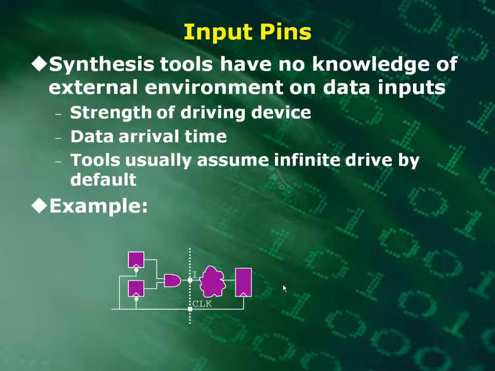Another thing that you're going to have to specify, since the tool can calculate from flip-flop to flip-flop using the same clock, then we run into the case where, okay, inputs. What about inputs? So the synthesis tools have no knowledge of the external environment on the data inputs. Okay, they don't know things like maybe the strength of the driving device. They may not know the data arrival time. And a lot of times the tools will usually assume infinite drive by default. So here we have external logic.